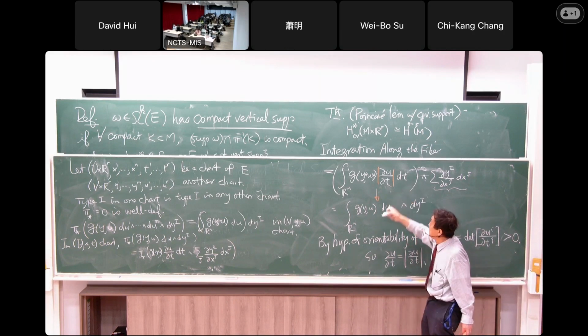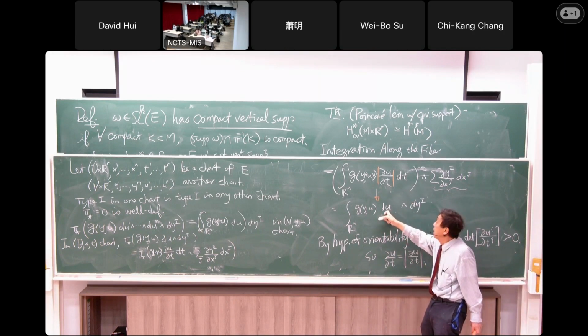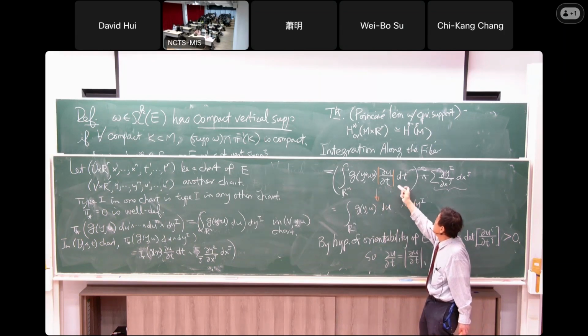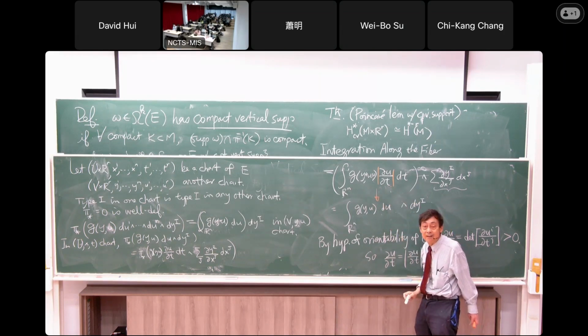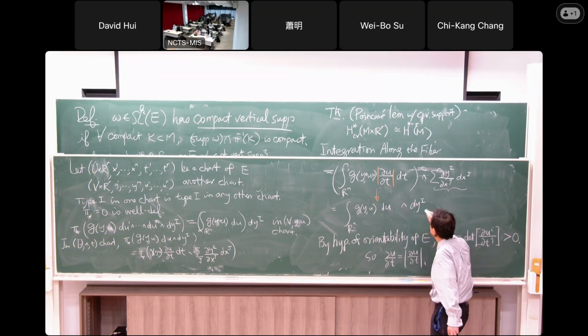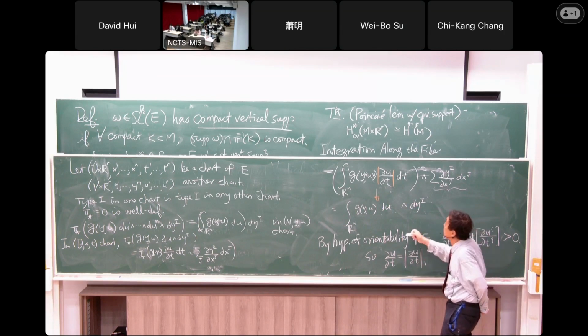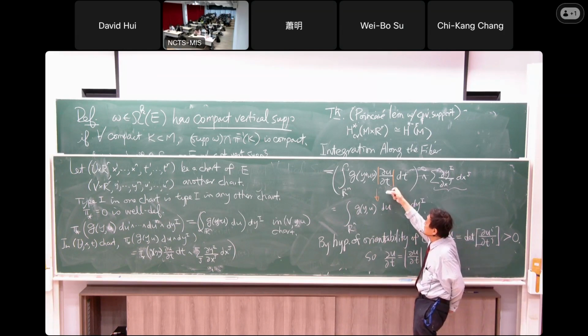And that's why you can transform the variables from t to u. Because E is oriented, you know that this determinant is positive, and so you can make the change of variables.